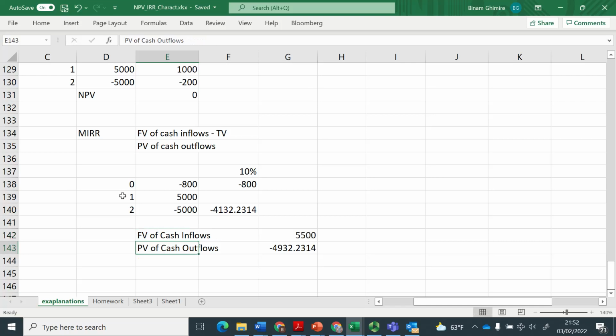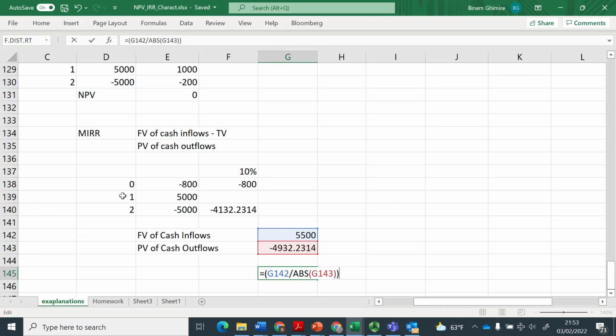Now just one last step, which is you simply divide the future value of cash inflows by the present value of cash outflows. Of course, you need to avoid the minus sign, so you say ABS, which avoids the minus sign. And then what you do is raise it to 1 over n.